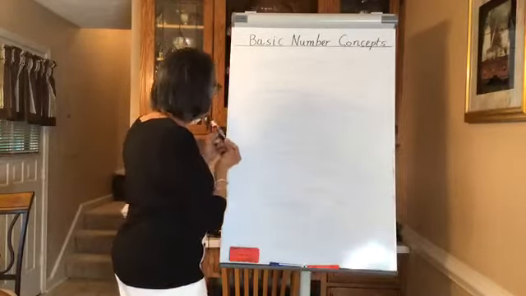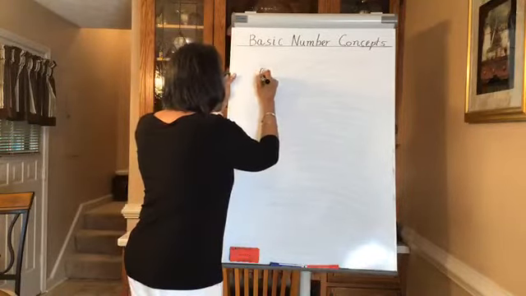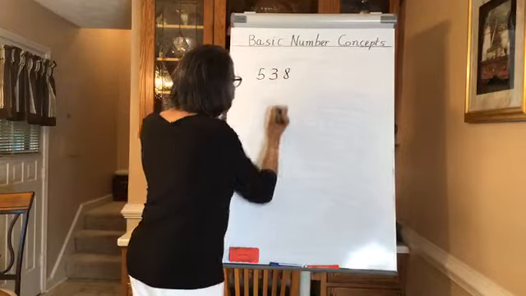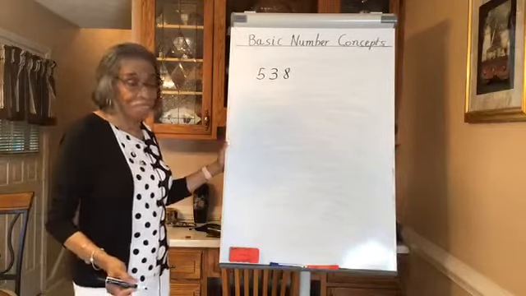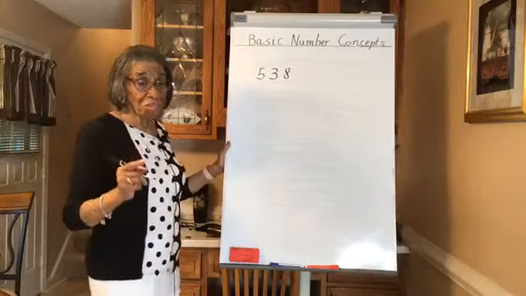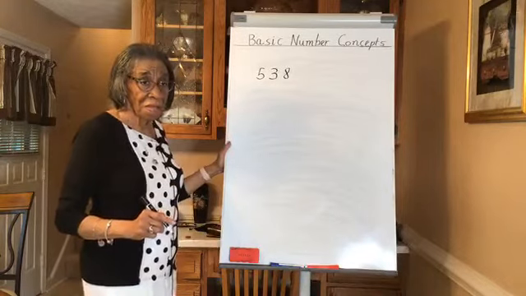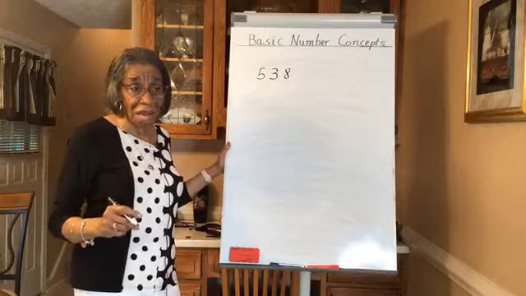I'll start with something easy first to get those in the lower grades. I'm sure those of you in upper grades and adults know exactly what that is. But I want you to write it in expanded form for me, and learn to spell the number words right.